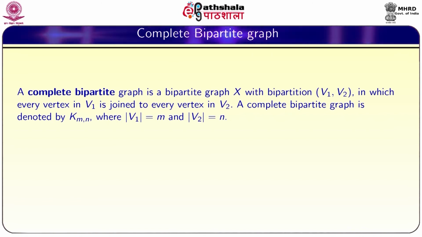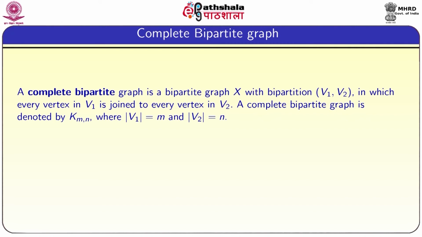Now we define a complete bipartite graph. A complete bipartite graph is a bipartite graph X with a bipartition V1, V2, that is, it is a bipartite graph first, in which every vertex in V1 is joined to every vertex in V2.